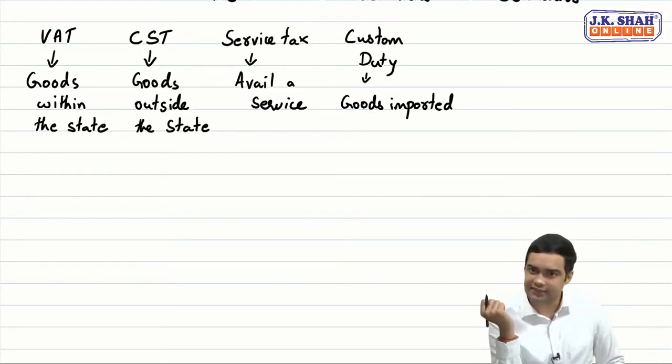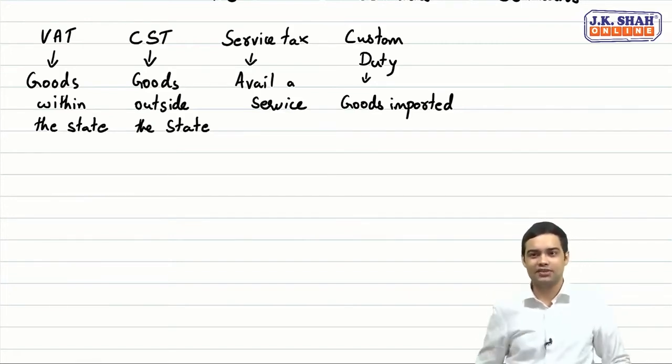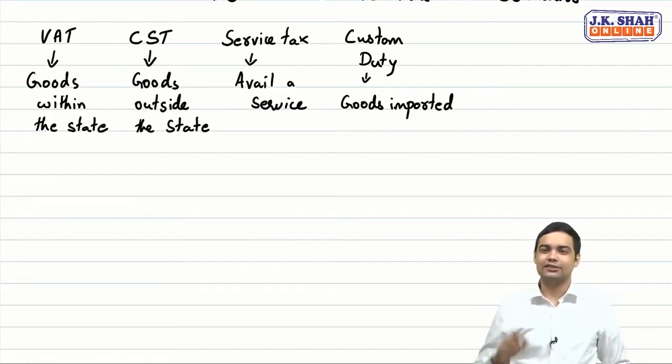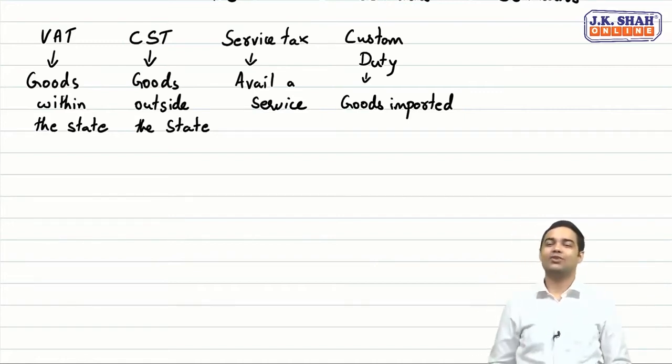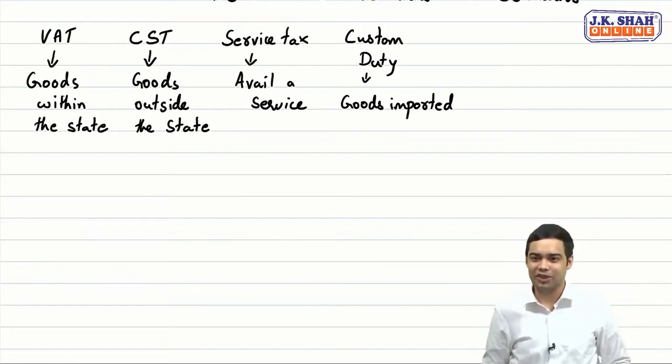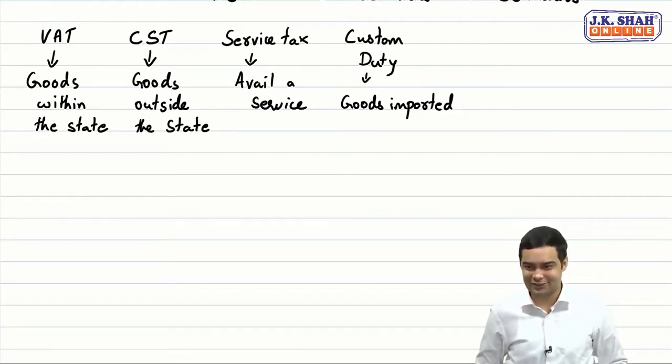I said, yes, absolutely right. When I service a calculator, I will charge service tax. When I send the goods or calculator outside India, I will have to be aware of custom duty. I said, absolutely right. Then he said to me, Nitin, have I become an expert of indirect taxes?